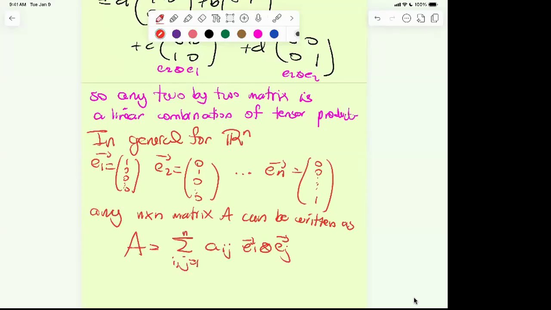So Ei tensor Ej is a basis for the matrices of size n by n.